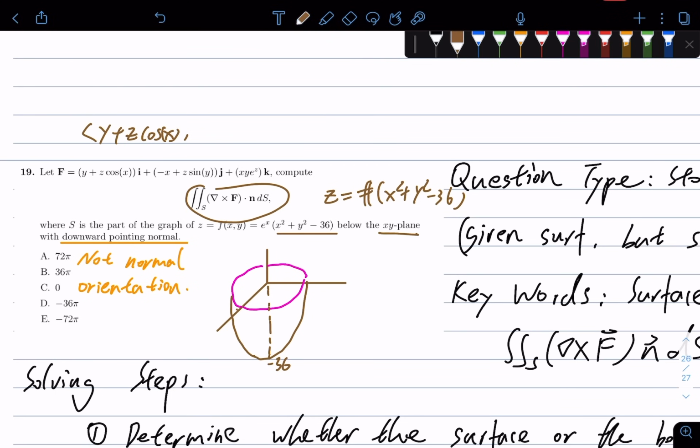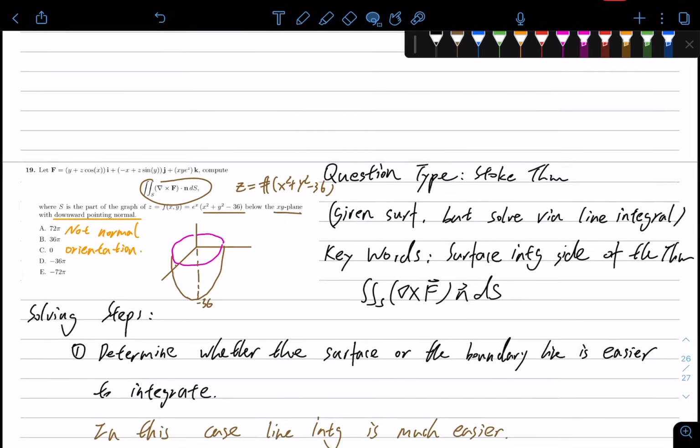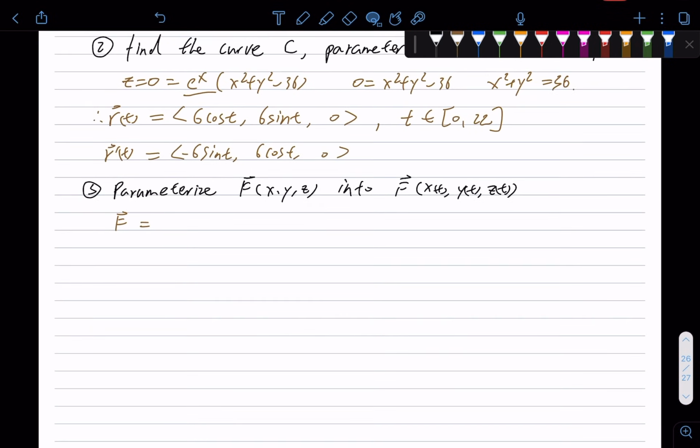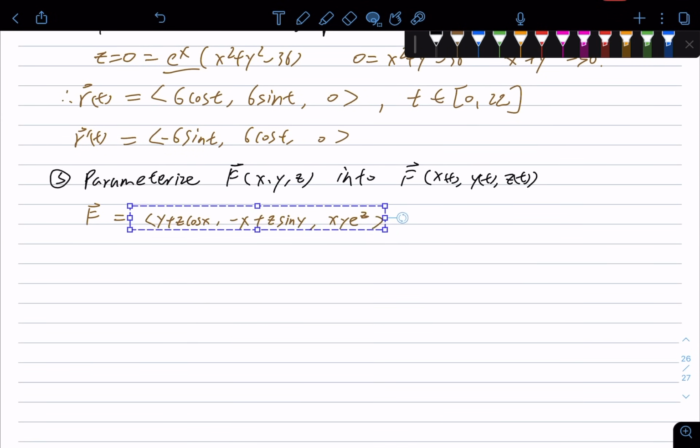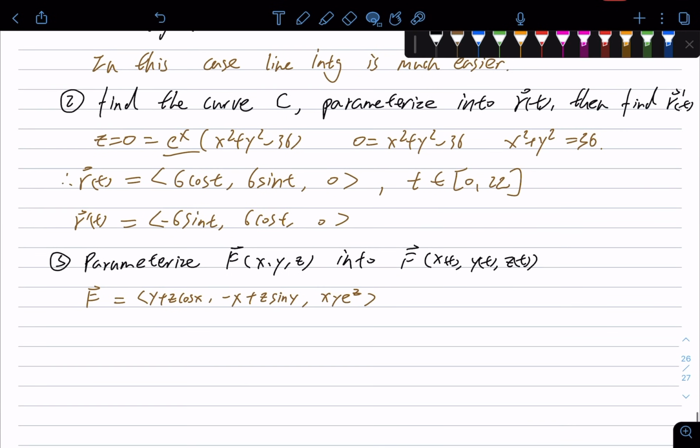Looks really scary, but let's keep going. Plus z sine of y, I'll just call it Z7. I'm removing the parentheses for ease of readability. And then x y e to the z, right? So this is our vector field. I'm going to cut it and paste it. F equals this thing, right?